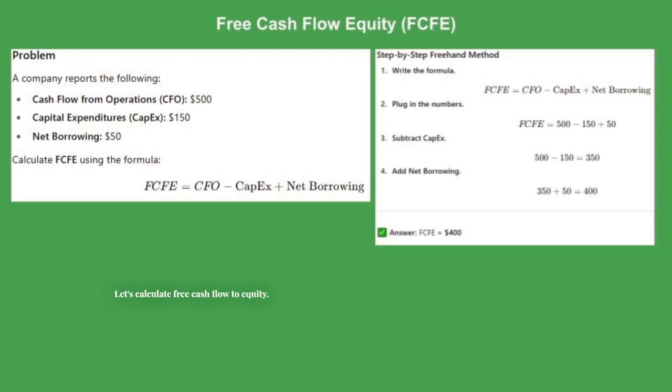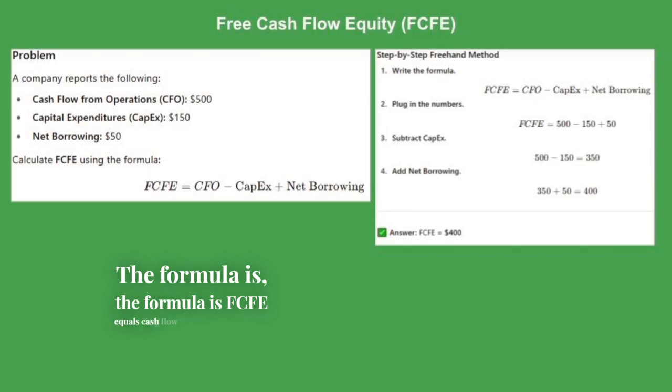Free cash flow to equity, FCFE. The formula is FCFE equals cash flow from operations minus capital expenditures plus net borrowing.